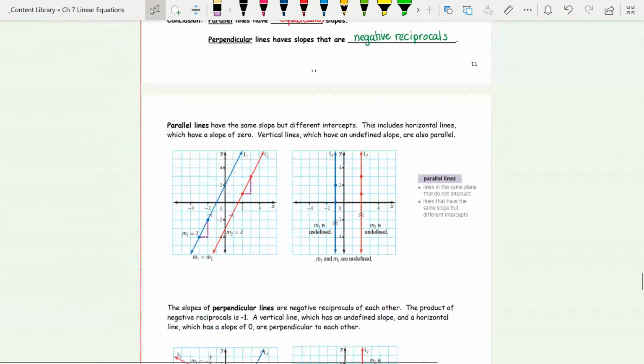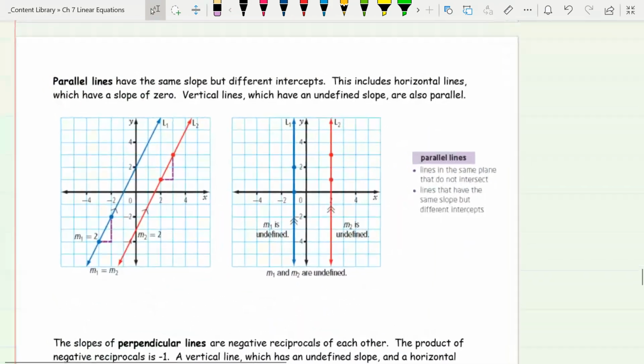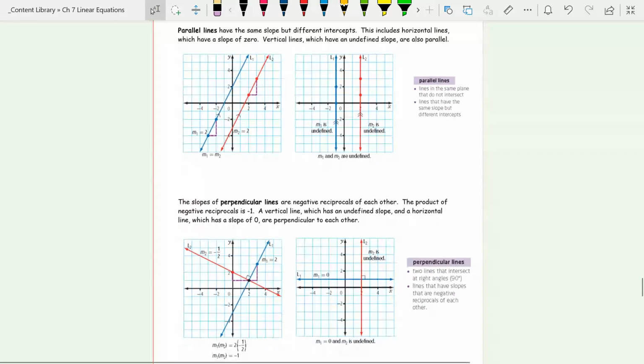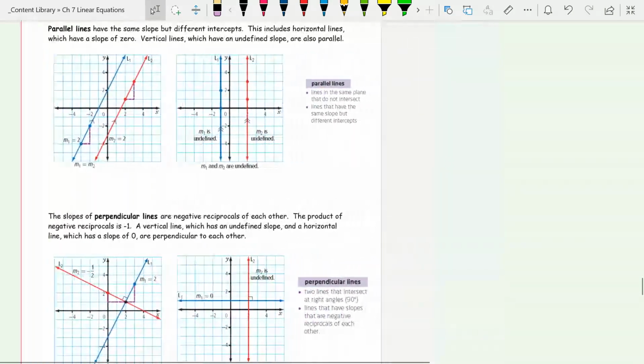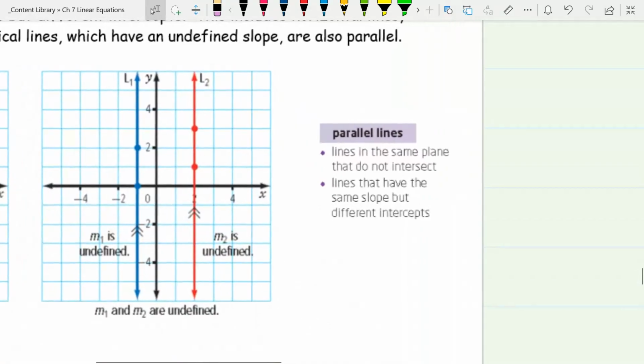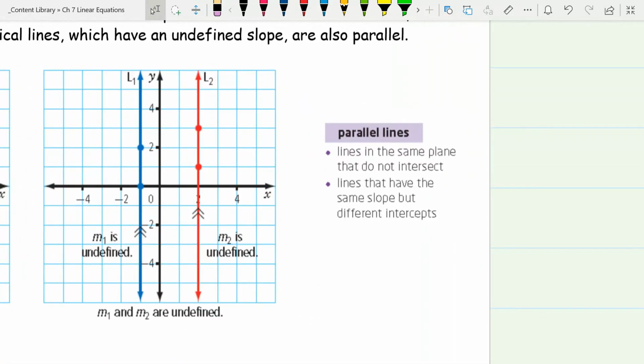So on the next page, guys, this basically reviews what we just talked about, except lines that are vertical or horizontal. Did we talk about lines that, for this situation, don't have a slope? Well, it does have a slope, but what's the slope? It's undefined.